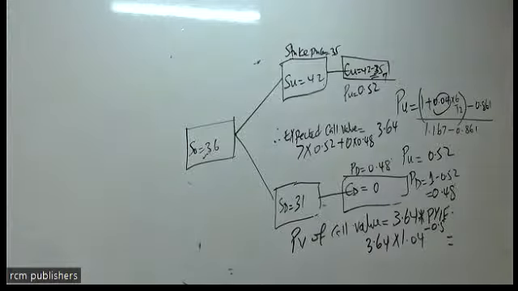What will the last one be? Final answer: 3.64 times 1.04 raised to negative 0.5. What are we getting there? 3.56, or 3.57, like the one given in the revision kit.